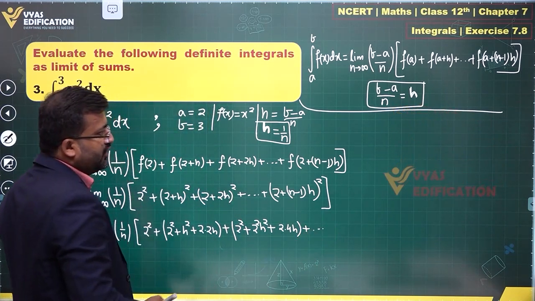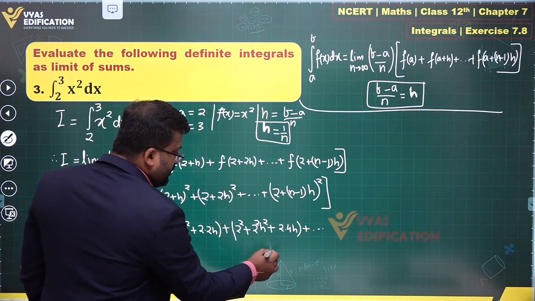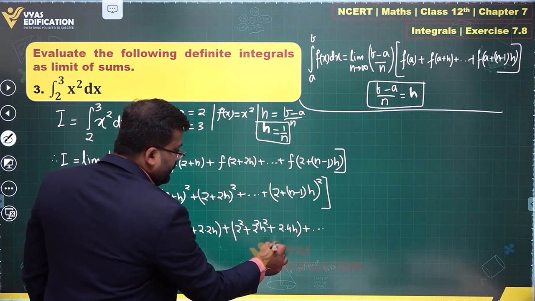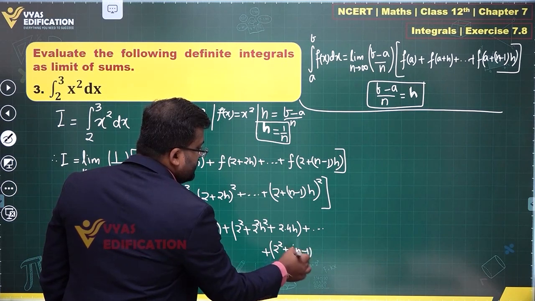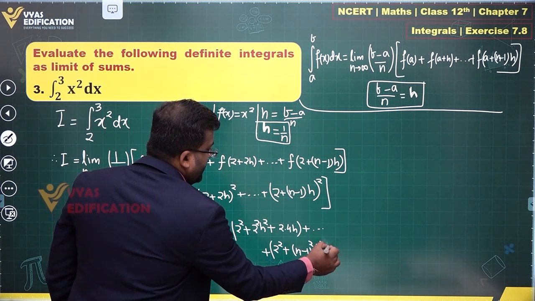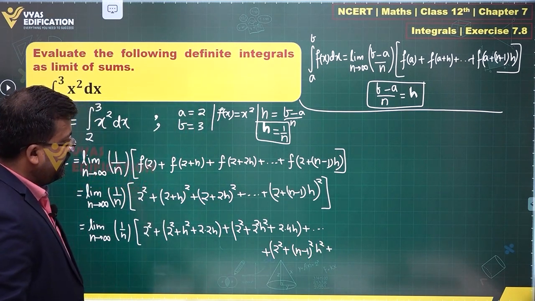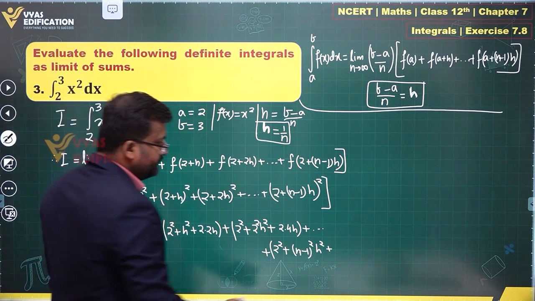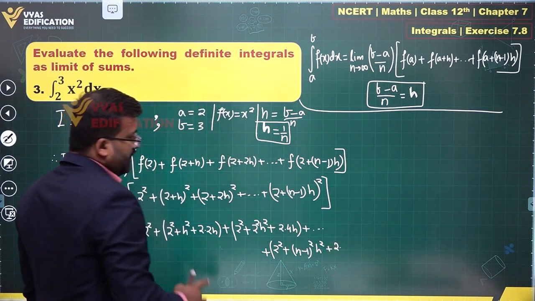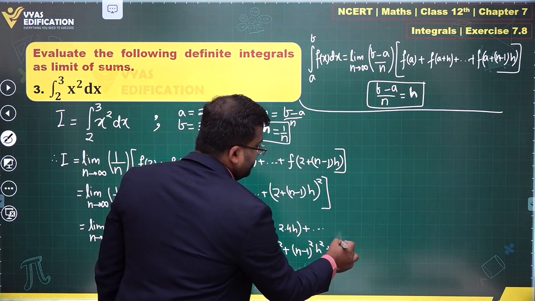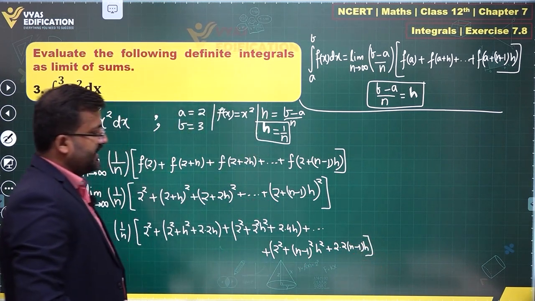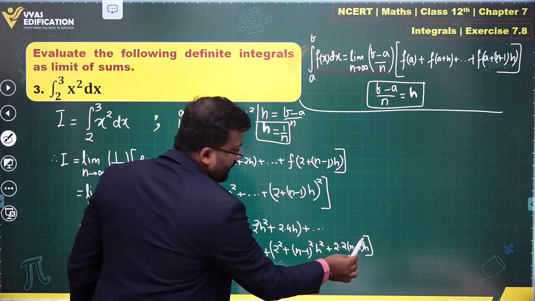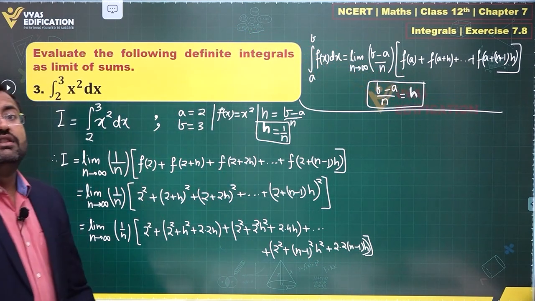But then dot dot dot, the last term will also look like this: 2 square plus (n minus 1) square h square plus 2 into 2 into (n minus 1)h. This is what you'll get. That's a complete expression. Yes, there's a round bracket over here as well.